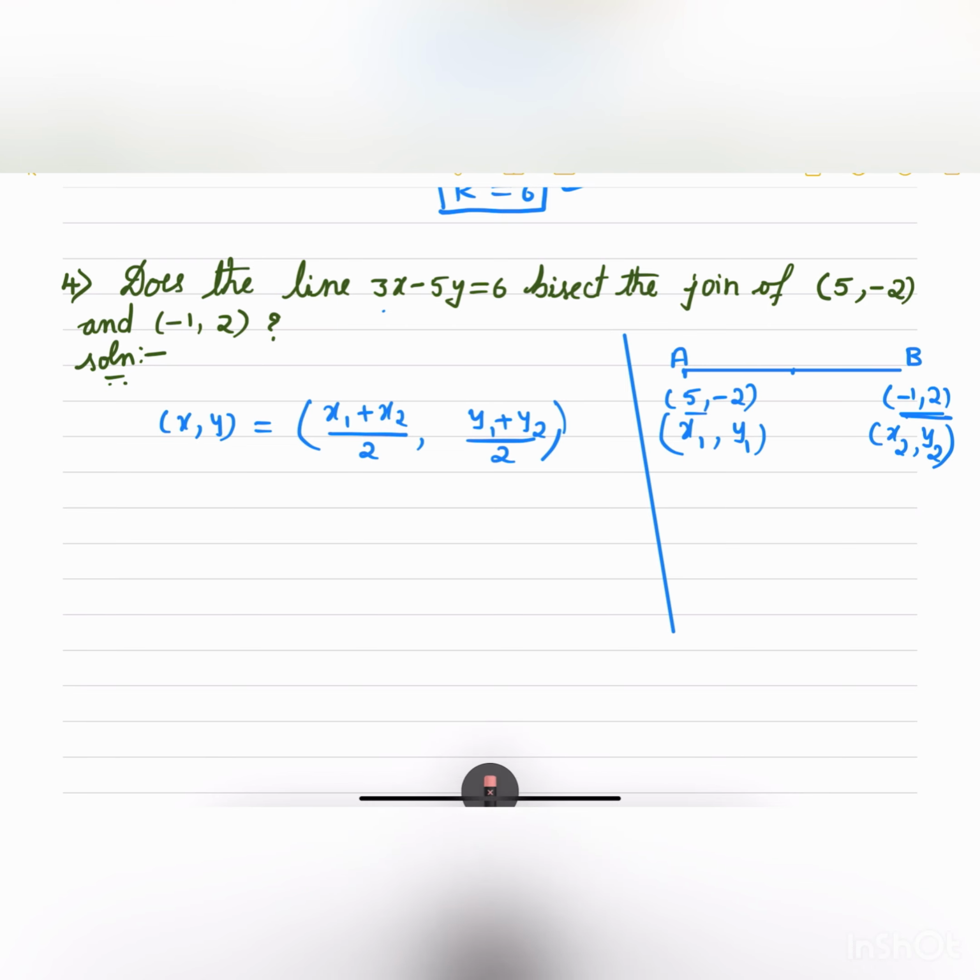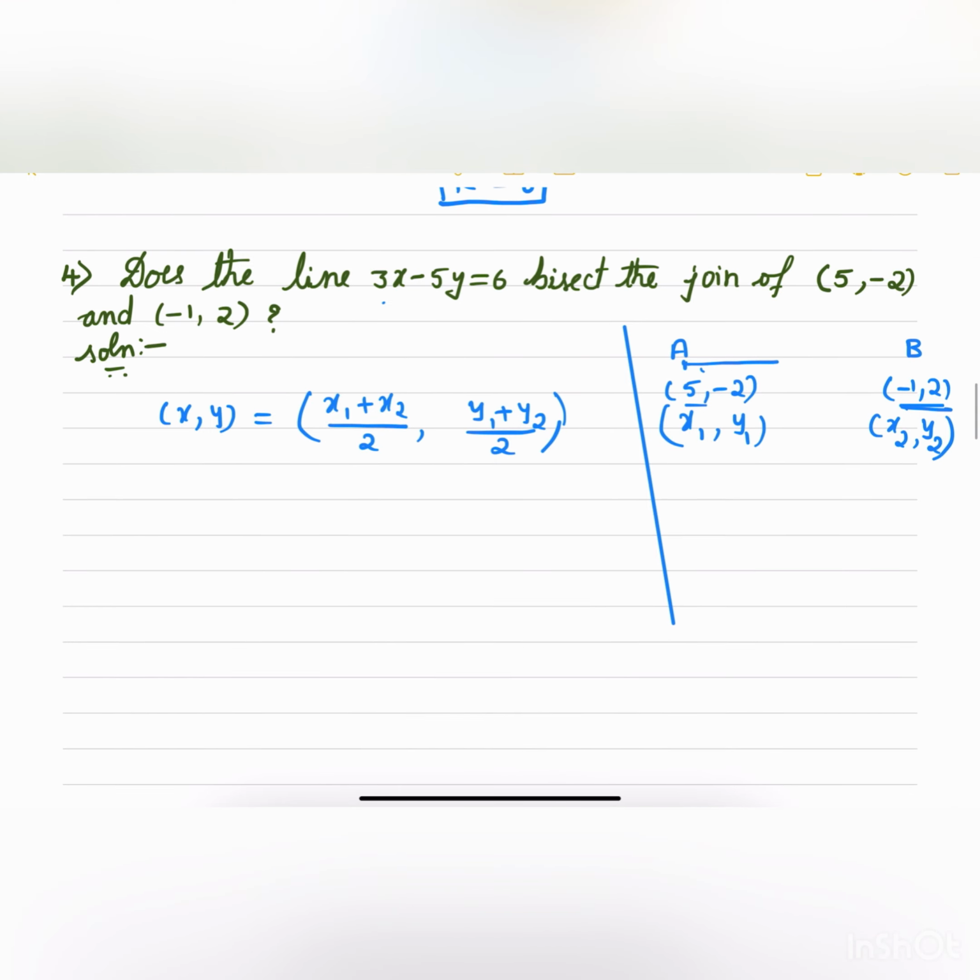Now what they have asked, they are saying that this line 3x - 2y = 6 is bisecting these two points, the line joining these two points.